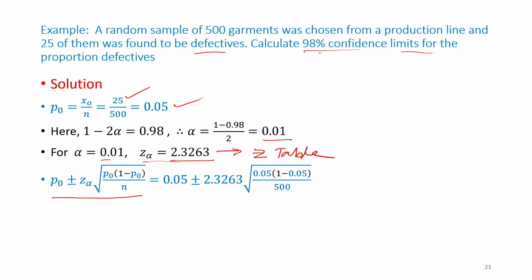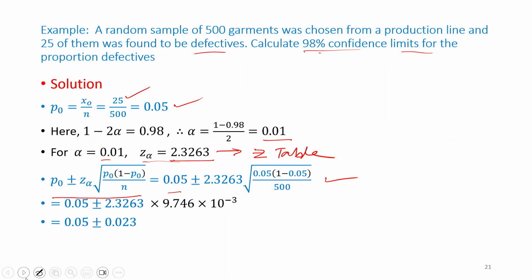Just substitute the values now: 0.05, 2.3263, put all those values and you get the answer. Your answer is 0.05 plus or minus 0.023. These two will be the limits.